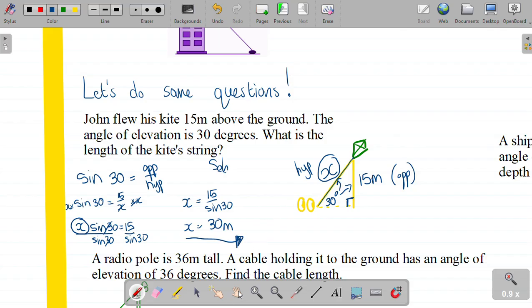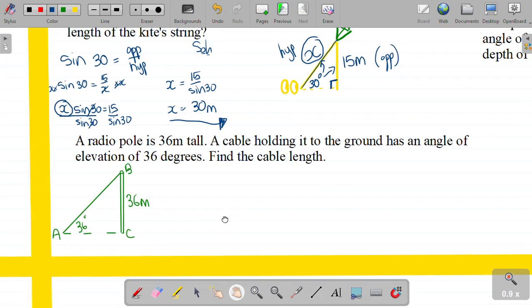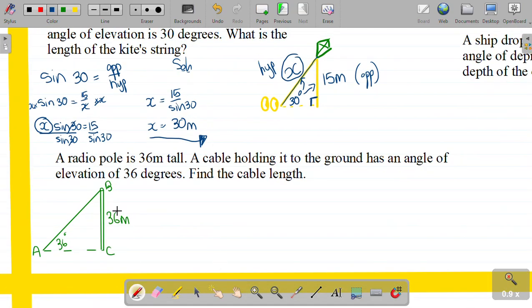Let's have a look at the next one, question number 2. In this case, they gave us a diagram, which is amazing. Let's read the question. It says, a radio pole is 36 meters tall. A cable holding it to the ground has an angle of elevation of 36 degrees. We can see that there. Find the cable length.